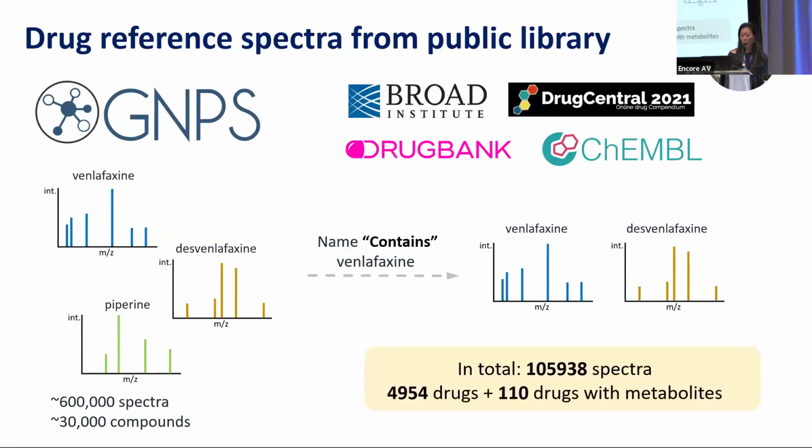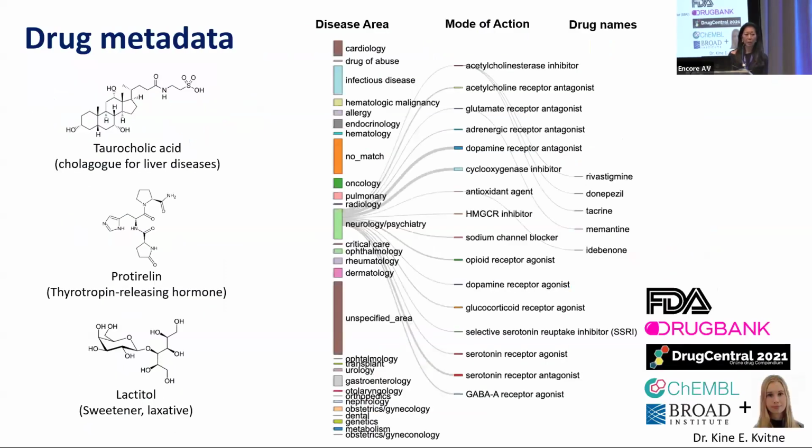And so currently we're able to annotate over 5,000 drugs and drug metabolites with this drug library. And she's getting this publication ready. And Kine did a lot of work to connect the metadata so that not only do we have information about the drugs and the drug metabolites, but we will also have information on the therapeutic class and the disease indication for these drugs and drug metabolites.